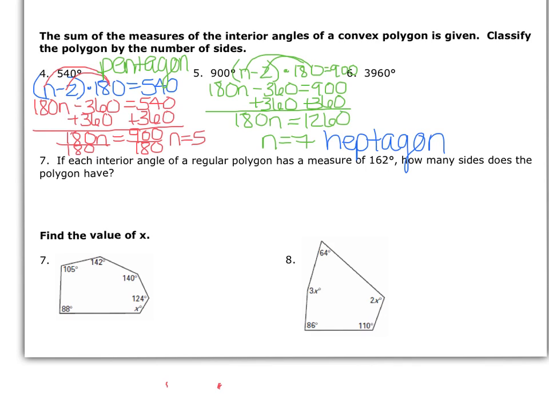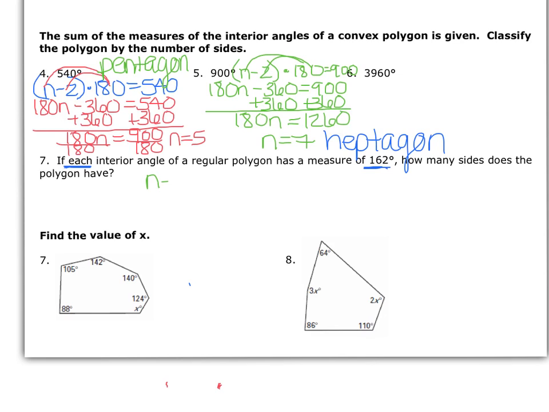This is saying, if each interior angle of a regular polygon has a measure of 162. So this word each is super important. Each one is 162 degrees. They want to know how many sides the polygon has. So basically they're telling you that each one of these on the inside is 162 degrees.